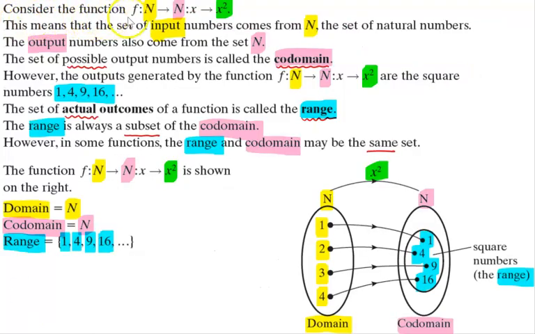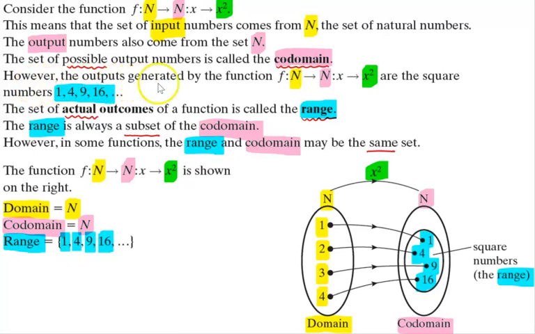Consider the function f from N to N, x maps to x squared. This means that the set of input numbers comes from N, the set of natural numbers. The output numbers also come from the set N. The set of possible output numbers is called the codomain.